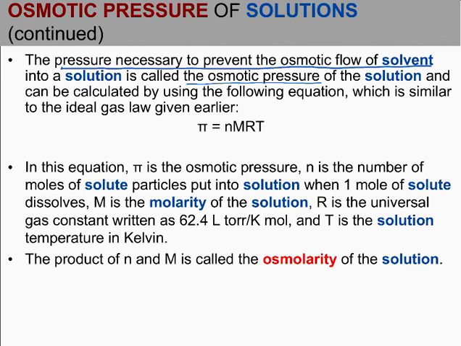That's represented by the symbol pi right here, and there's also a mathematical equation we can use to determine that pressure. It's equal to N, which is the same N value we saw before for boiling point and freezing point, multiplied by concentration in moles per liter, multiplied by a gas constant, and then multiplied by temperature.